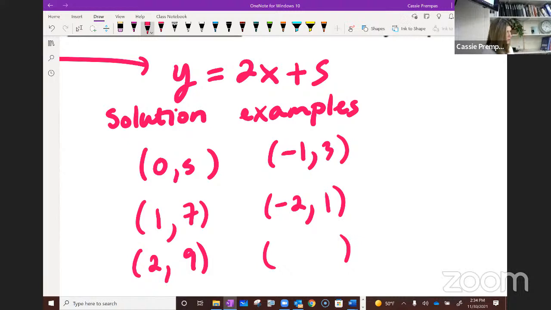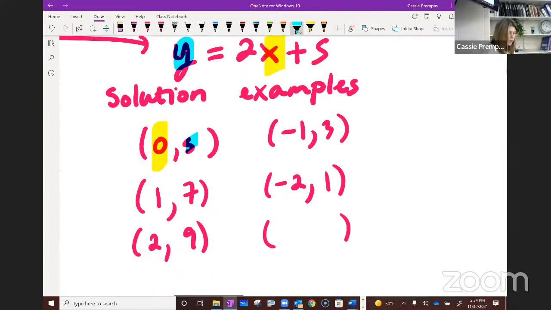Remember, a solution is a value that makes the equation true. Since I have an x and a y, the only way I can make this equation true is if I give you two values. So again, on your own, see if you can provide one additional solution that I did not give you.